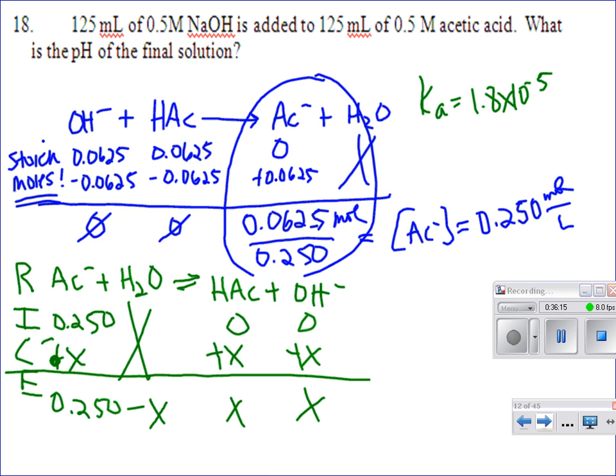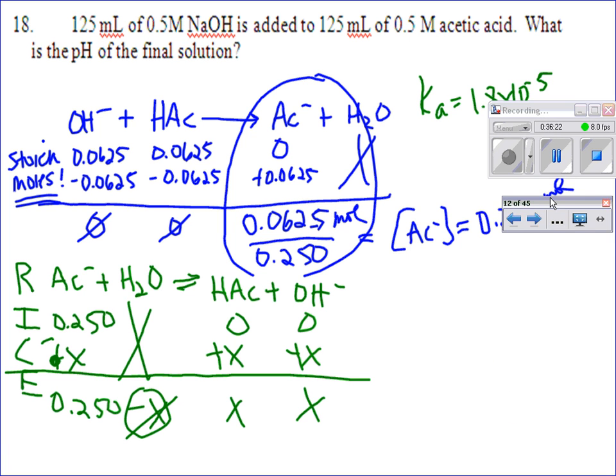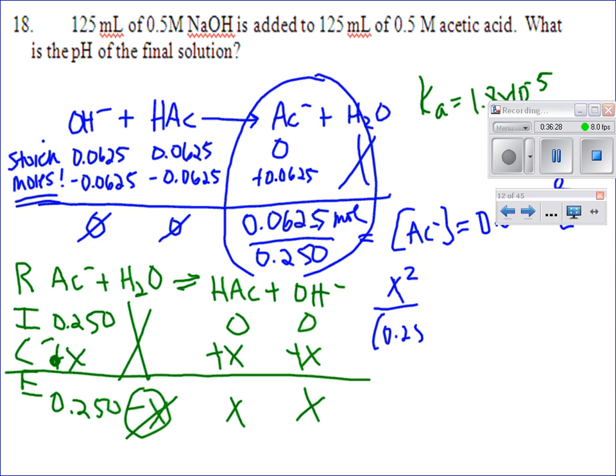All right. Minus x plus x plus x. We can trumpet. So since we're trumpeting it, we get x squared over 0.250. Remember, that x is an OH, so we need a KB. Well, we only have a KA.